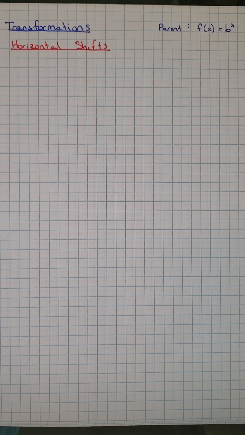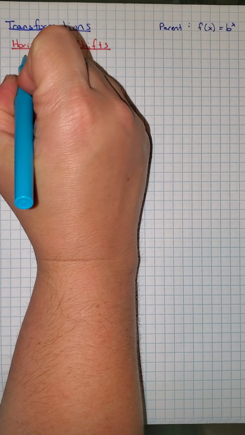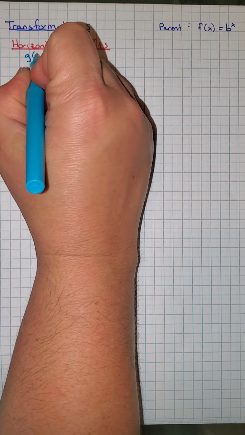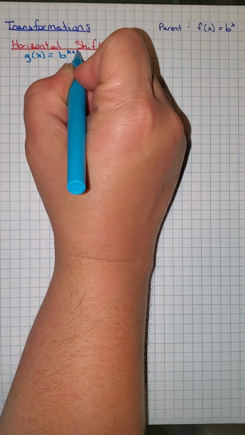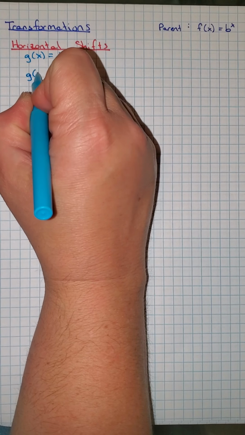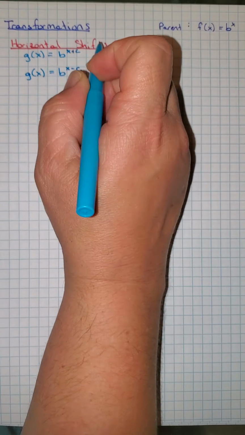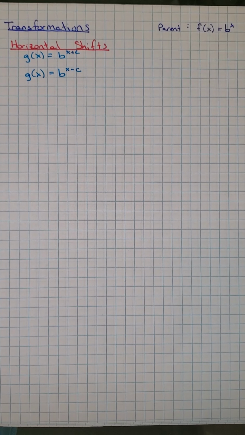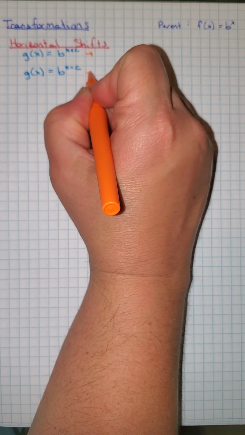So if we have b to the x as our parent, you can have g of x equals b to the x plus c, where it's up in the exponent, or g of x equals b to the x minus c. So remember, horizontal shifts do opposite.